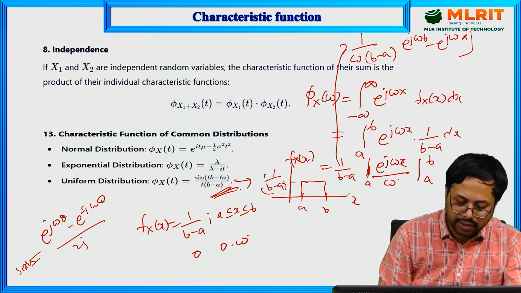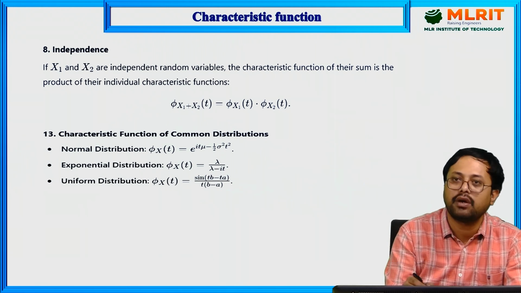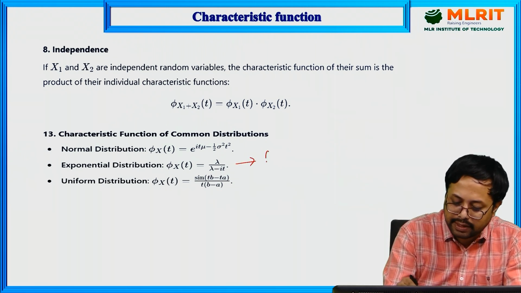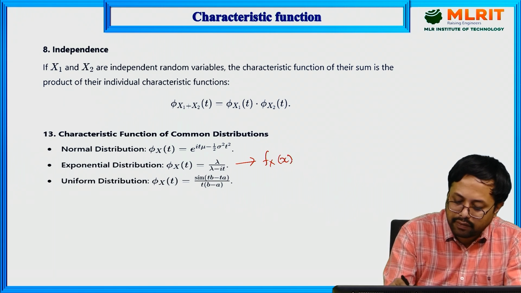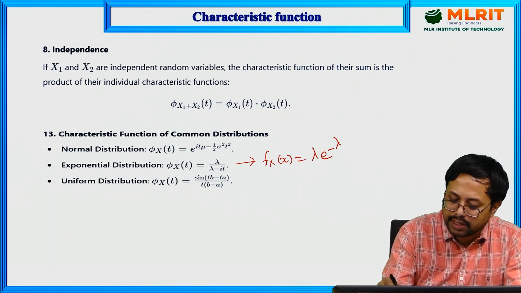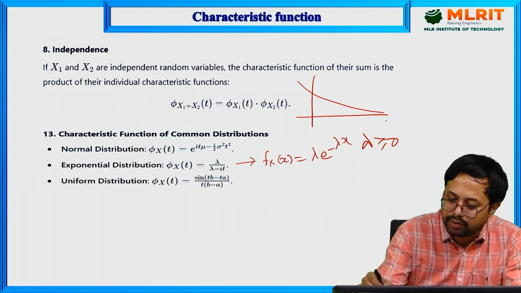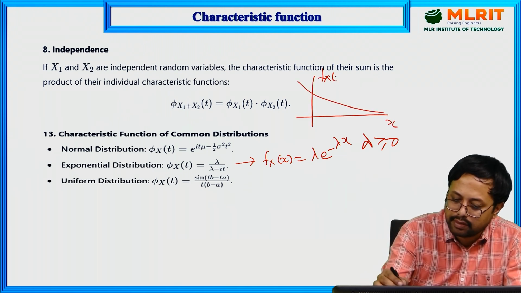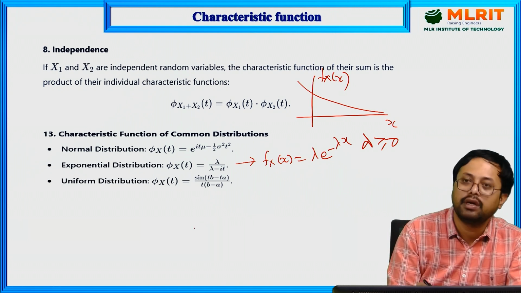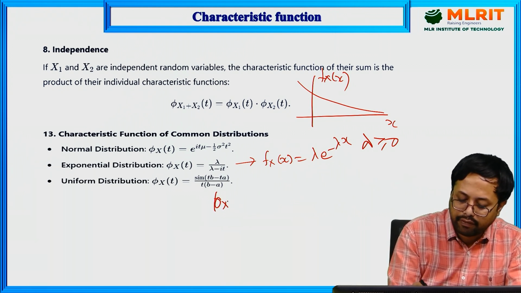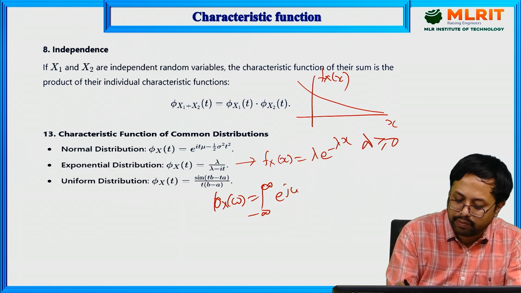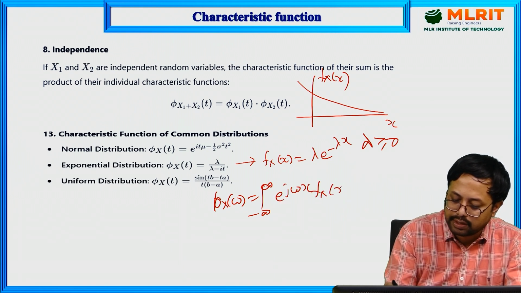Similarly, the exponential we have already solved in the previous section. Let us discuss the density function: f_X(x) equal to lambda e power minus lambda x, for x greater than or equal to 0, lambda greater than 0. This is the mathematical notation, and this is the graphical notation. Then substitute in the relation phi_X(omega), the integral of e power j omega x times f_X(x) dx.